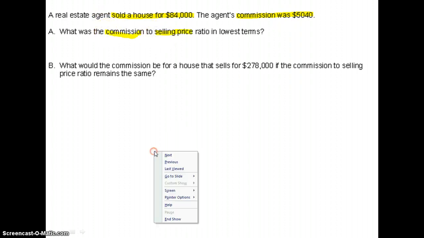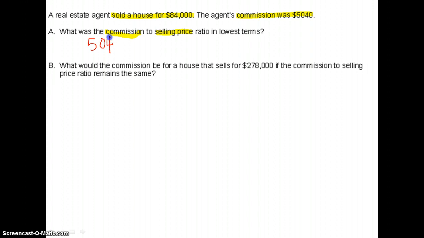So the commission is going to go first because it comes first in my problem. So the commission is $5,040 to the selling price, which was $84,000. Okay, and so it wants it in the lowest terms, so we're going to reduce it.